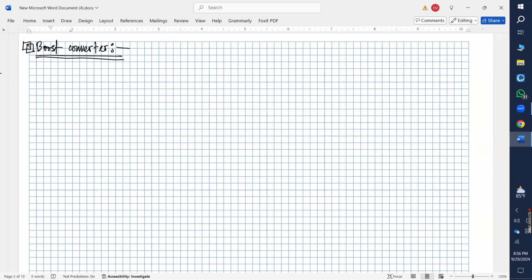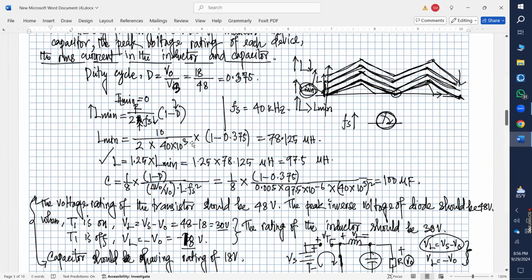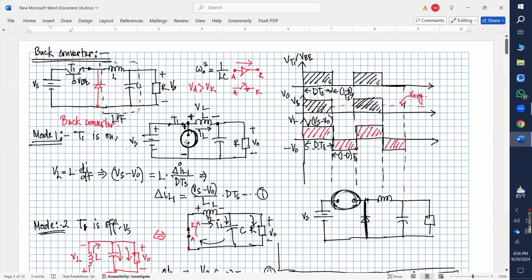So the boost converter. In the buck converter, what is happening here? If you remember, we put the inductor close to the load.